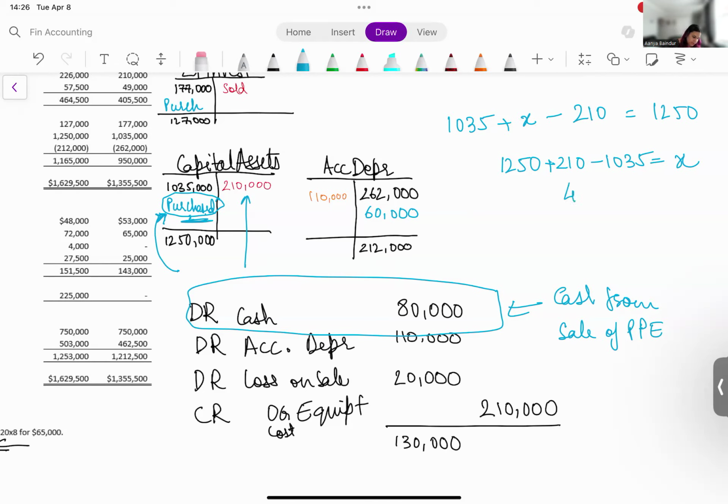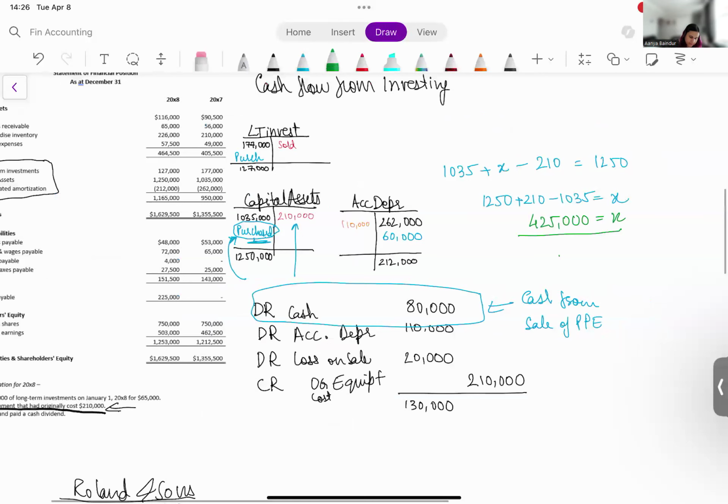This gives us 425,000 equals X. So this 425,000 is how much money we spent on the purchase of PPE. So now we know how much cash we got from sale of PPE.